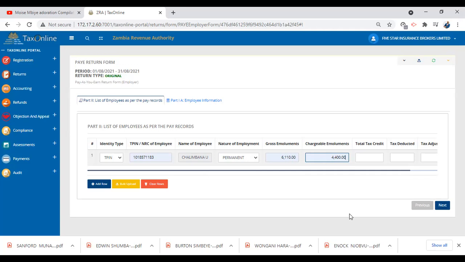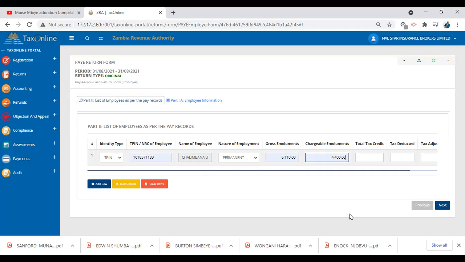Another way in which we can have a difference between gross emoluments and chargeable emoluments is where it applies to the disabled, the members of the disability association. As you know, those individuals who are affiliated to the disability association are given a tax rebate of 500 kwacha per month. So 500 kwacha of their monthly income should never be subjected to tax.